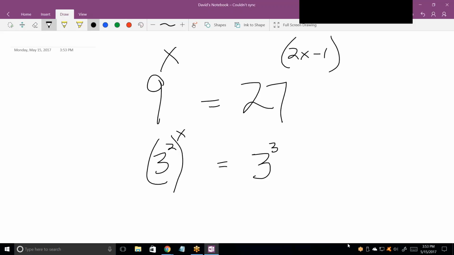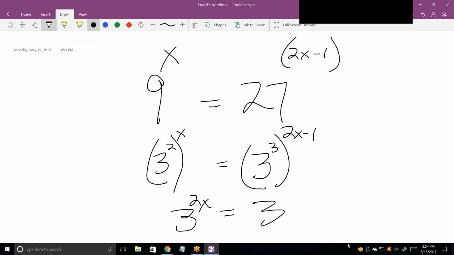They don't always, but in this case, I could get confused if I don't use the parentheses. So now what's the next line? You have 3 to the 2x is equal to 3 to the 6x minus 3. And then you can just set the exponents equal to each other and solve.